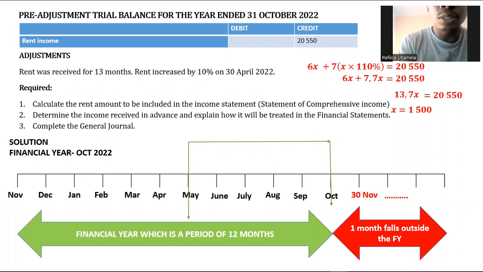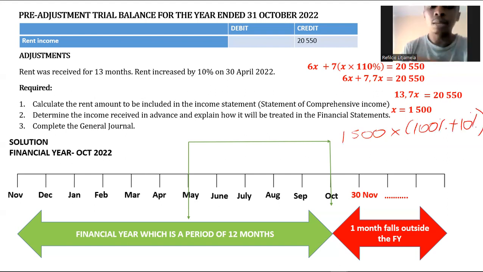So all I did was take 1,500 and multiply it by 100% plus 10%. Note that if they said it's a decrease, it'll be 100% minus 10%. In this case, they said it's an increase by 10%.